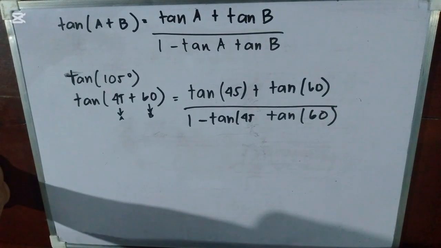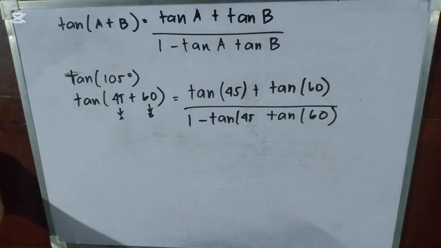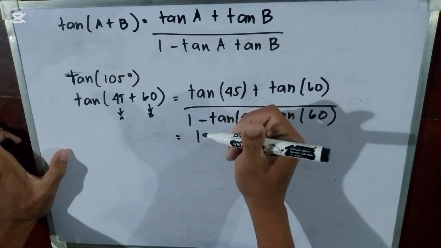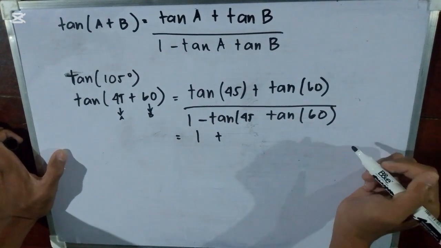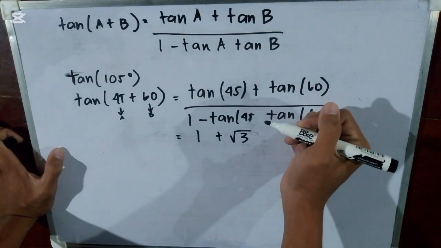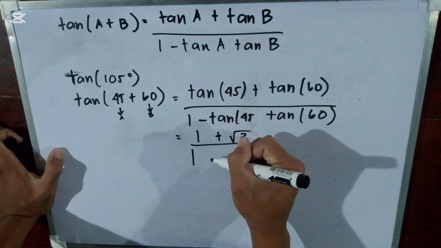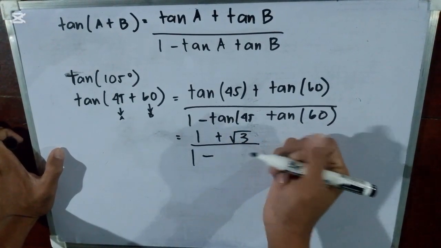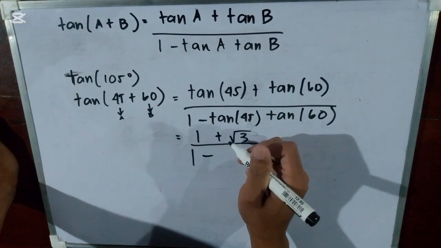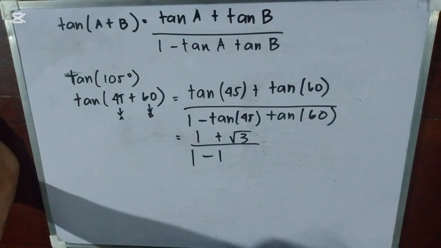And now let us locate the corresponding values in the unit circle. Tan 45 degrees is 1 and tan 60 degrees is root 3, over 1 minus tan 45 degrees, which is 1, and tan 60 degrees, which is root 3.